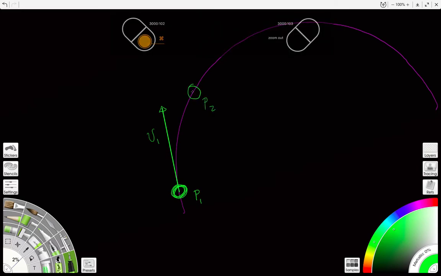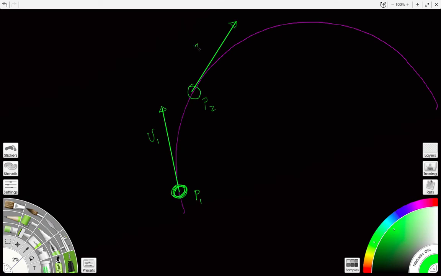The velocity vector at this point will be tangential, something like that. Velocity 2. Now, for example, let's take the particle here, P3. The velocity vector will be something like that. I am drawing these velocity vectors approximately the same size. They should be the same size.